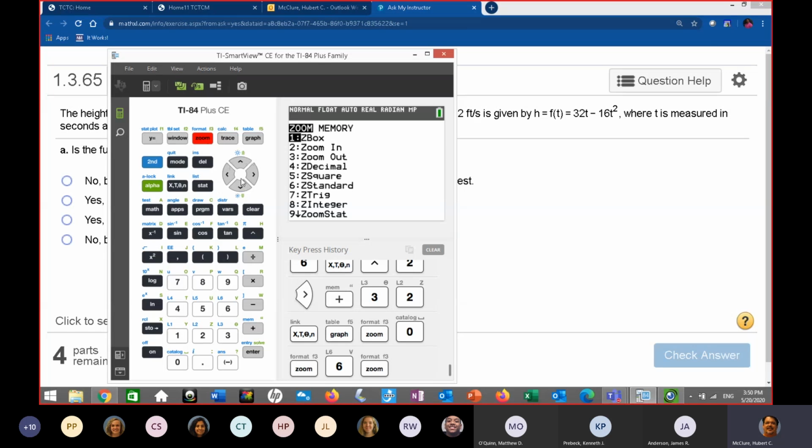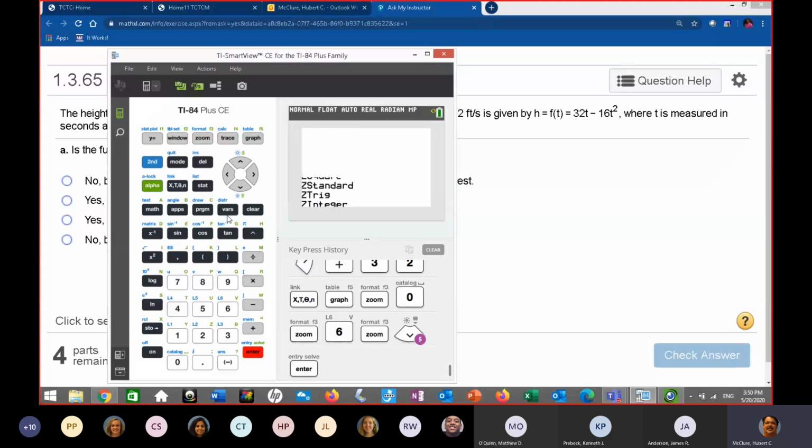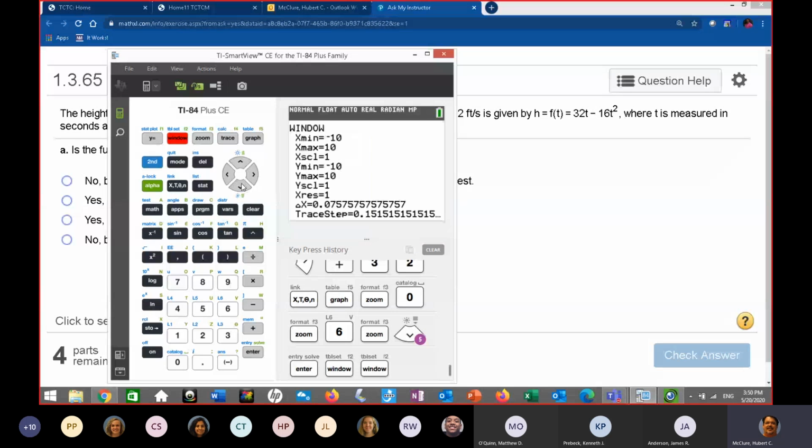I'll do the window and spread it out. I don't care about the negatives because distance can't be negative.